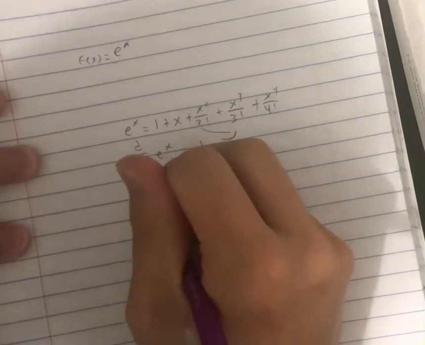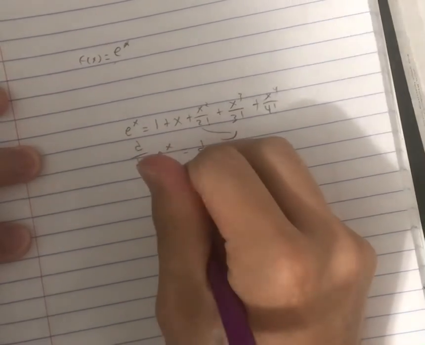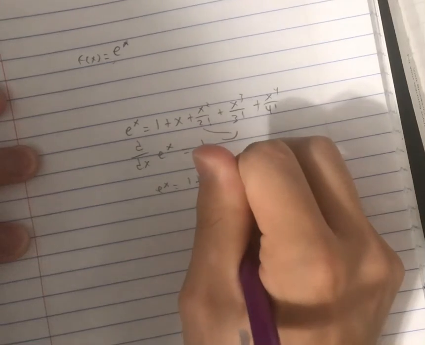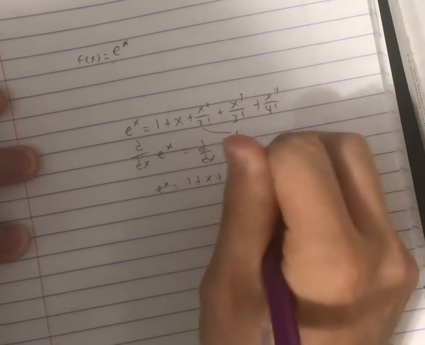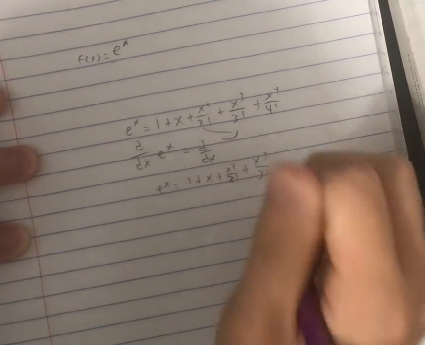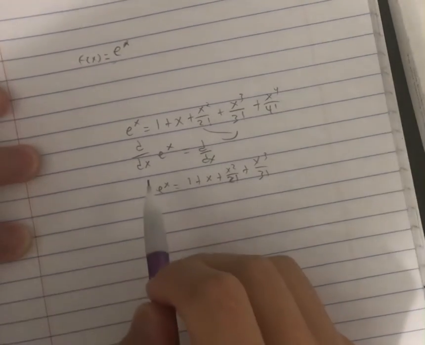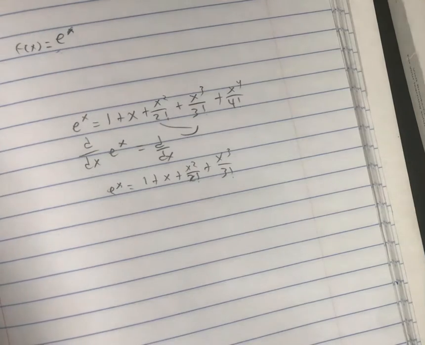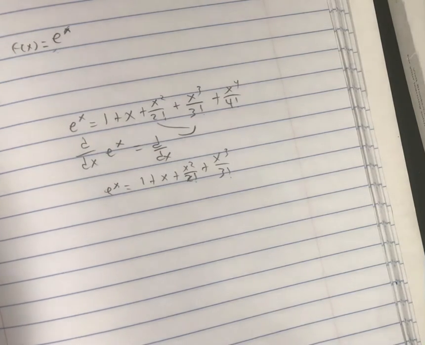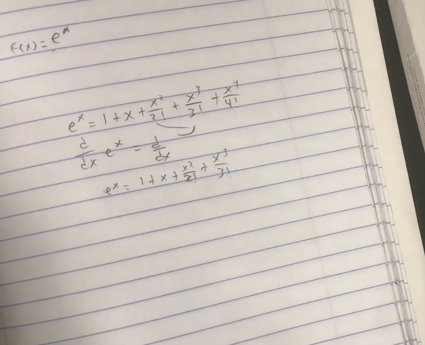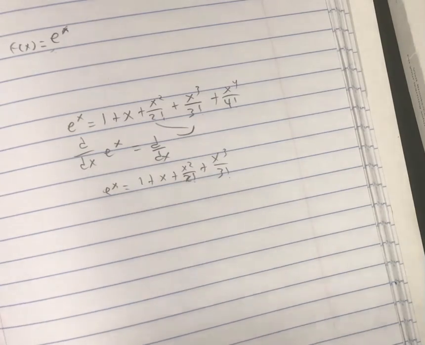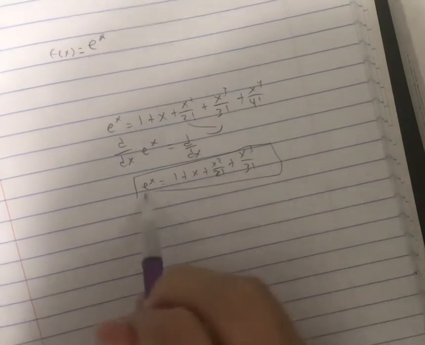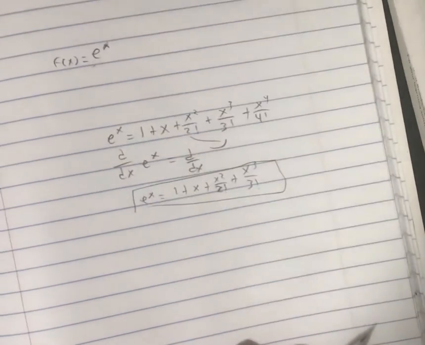So we would have the same exact answer as before. This example is kind of simple because there's not that much of a different answer. So basically, the series for e to the x is just going to be this right here, basically what we got in the original.